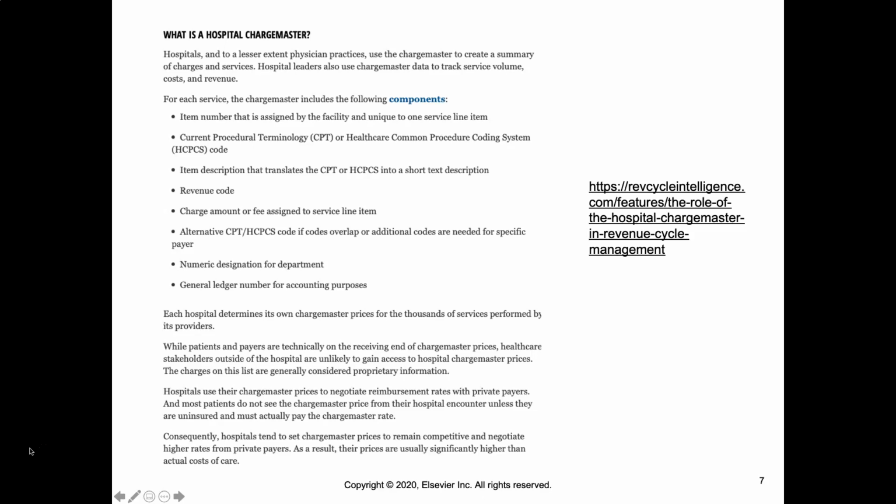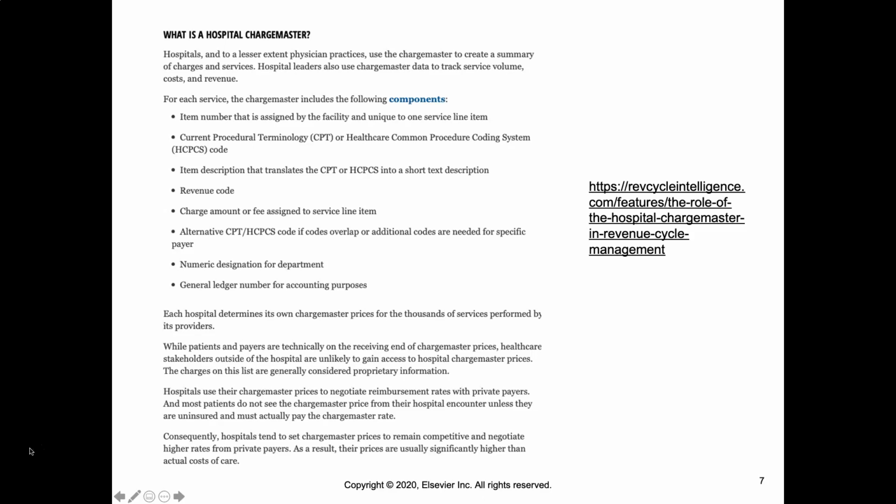If there are alternative CPT or HCPCS codes because of code overlap or additional codes are needed for a specific payer, those are also included. There's a numeric designation for the department that provided the service item, and then a general ledger number for accounting purposes. So each hospital determines its own charge master prices for the thousands of services and items that it has by its providers.